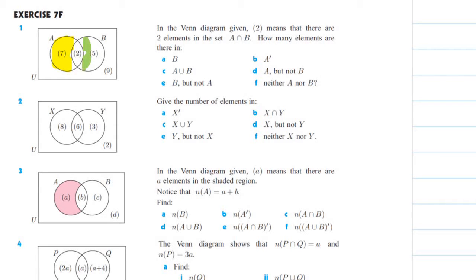In the moon shape for B, there are 5 items. And recall that inside this, which I like to call the almond, there will be 2 members. And then also notice that outside of either of those circles, so in the universe, there are 9 other things, but they are not parts of A and B. So we can use this diagram to now answer the questions.